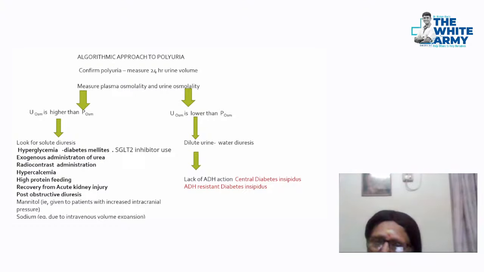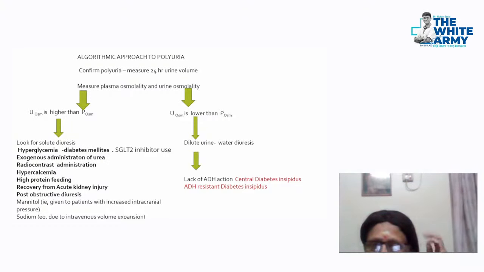Having confirmed it is polyuria, you have to measure the plasma osmolarity and urine osmolarity, which can be done using an osmometer. You can calculate the osmolar clearance and the free water clearance. If the urine osmolality is higher than the plasma osmolarity, look for solute diuresis, as in diabetes mellitus, and the causes I have discussed earlier.